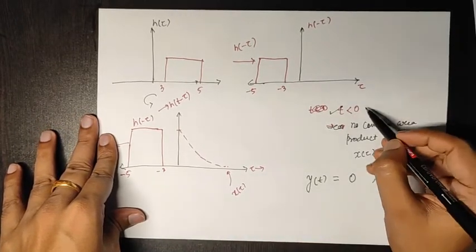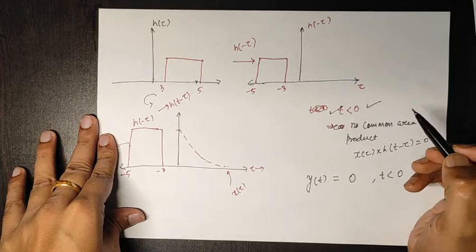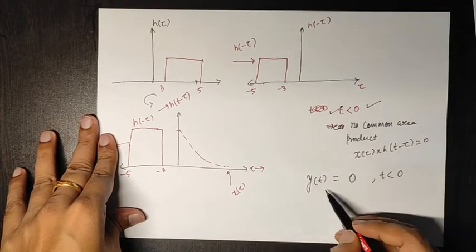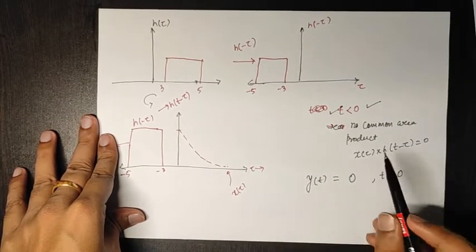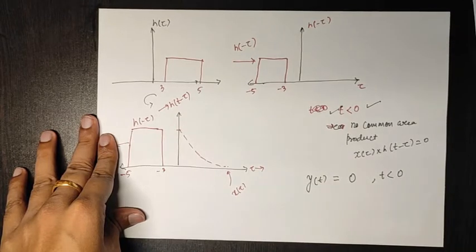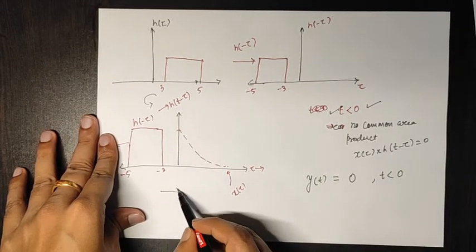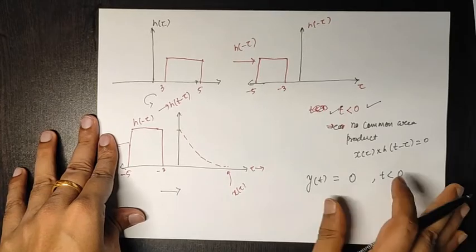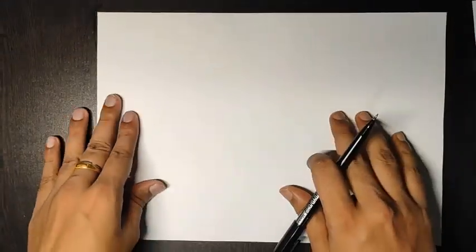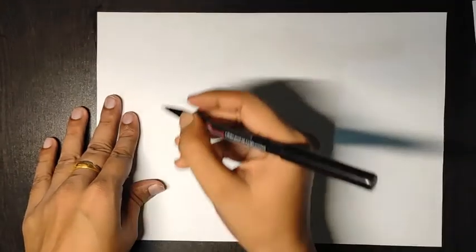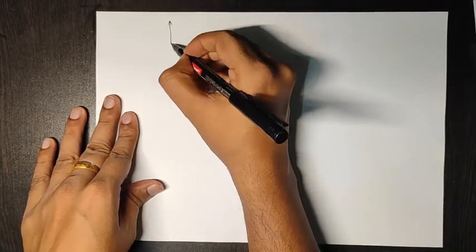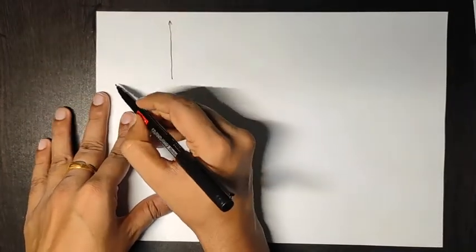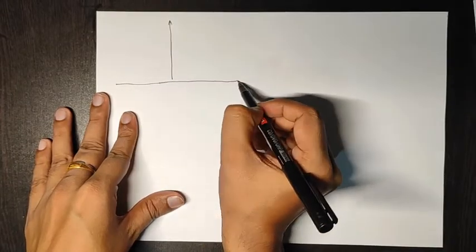Now we have done the leftward shifting. We obtained that the value of y of t will be 0 for all values of t less than 0. Now we will do the rightward shifting. Once again, let's plot the same superimposed version.